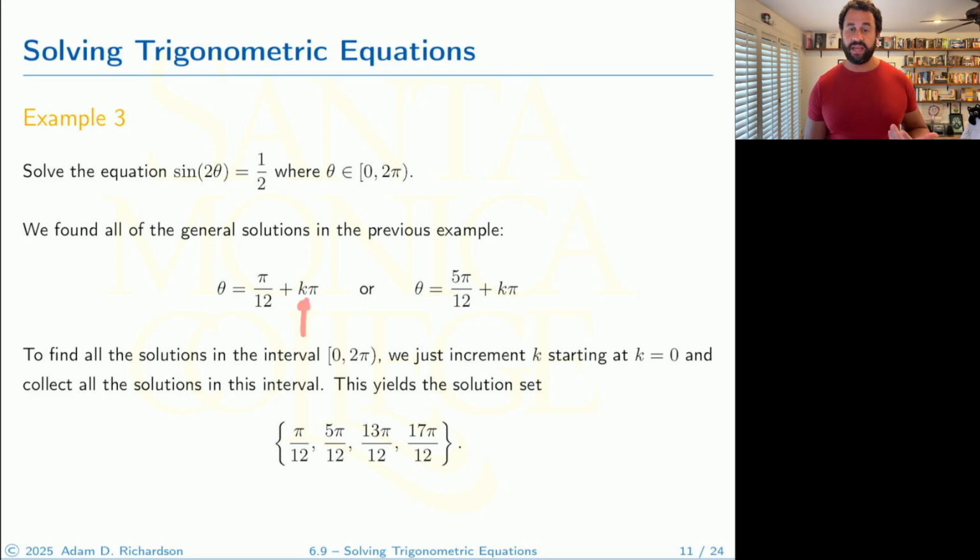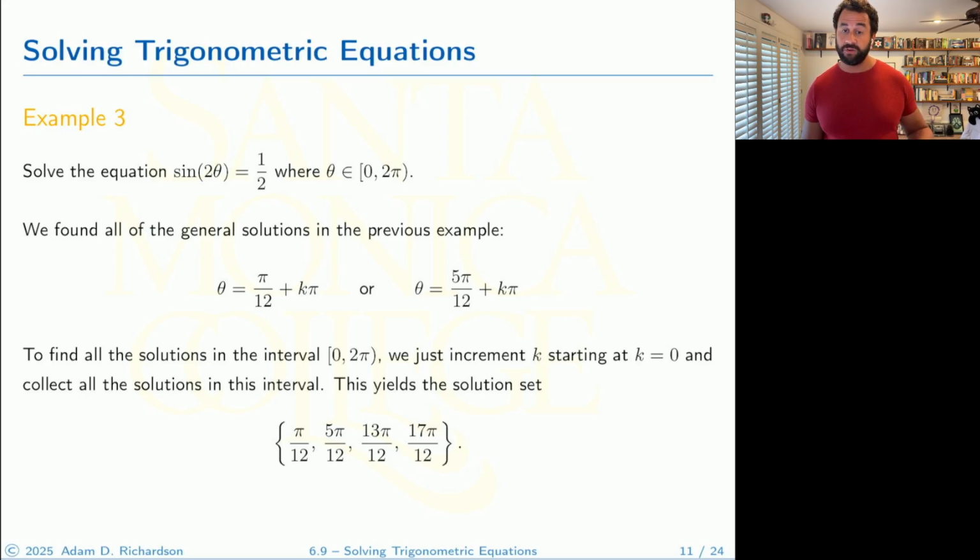Starting with k equals 0, we get pi over 12 and 5 pi over 12. Now let k go up by 1. When k is equal to 1, we get pi over 12 plus pi, which is 13 pi over 12, and 5 pi over 12 plus pi, which is 17 pi over 12.